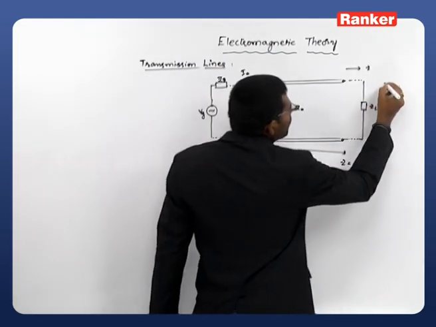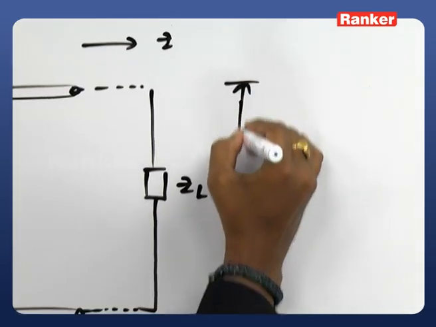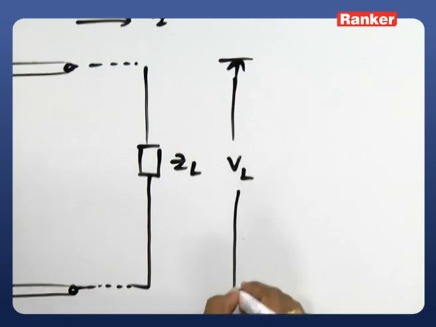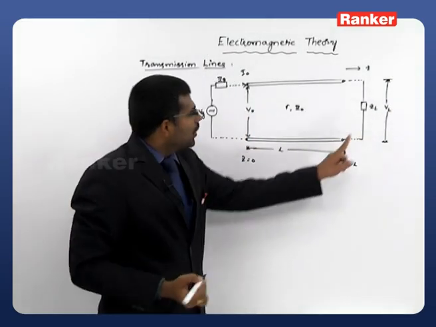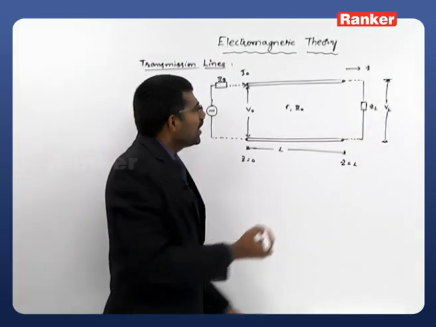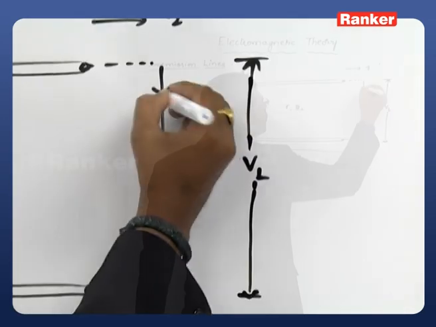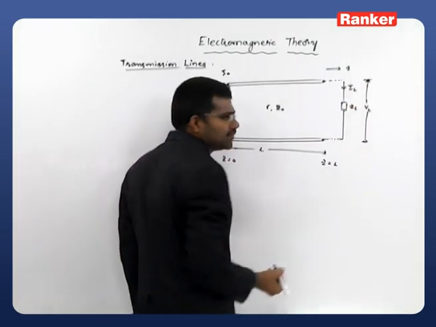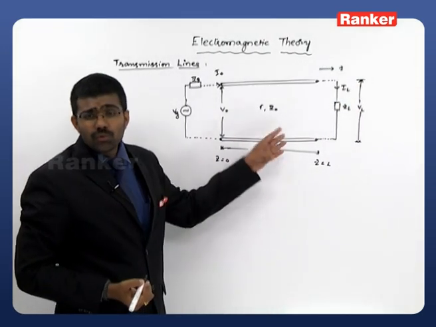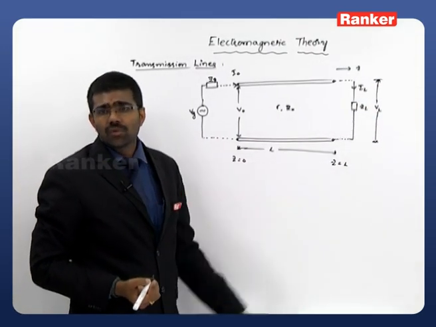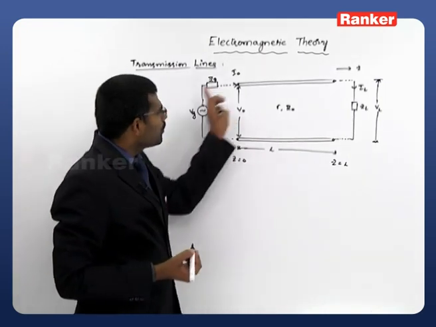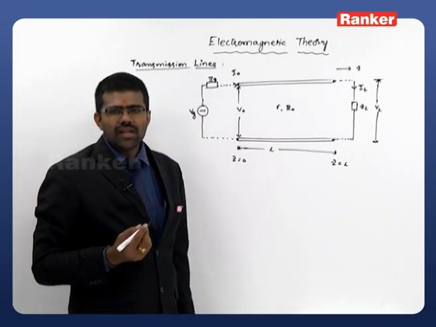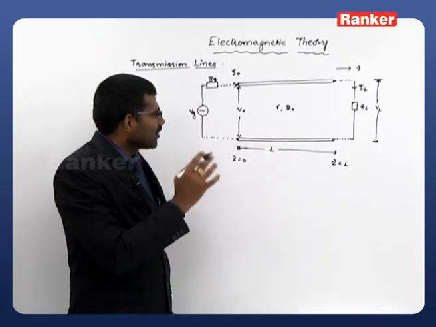The voltage across the load I am considering as VL, where L stands for load, and the current passing through this load is IL. These are the parameters we require to analyze quantities like input impedance and others. This is the basic structure of our transmission line with the help of our primary constants.